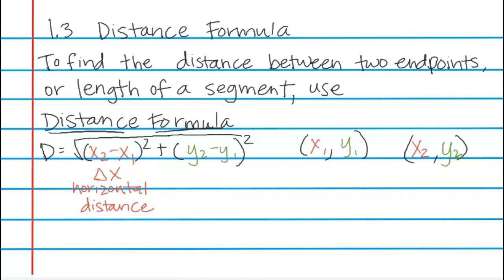All right, and when we are subtracting y2 minus y1, this is finding our vertical distance or change in y. Now, y is the vertical numerical part of my point, which is why this is vertical distance. Okay, so we have our distance formula. Now let's get into using it.